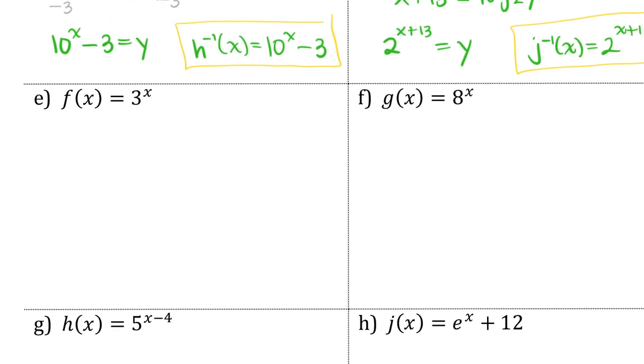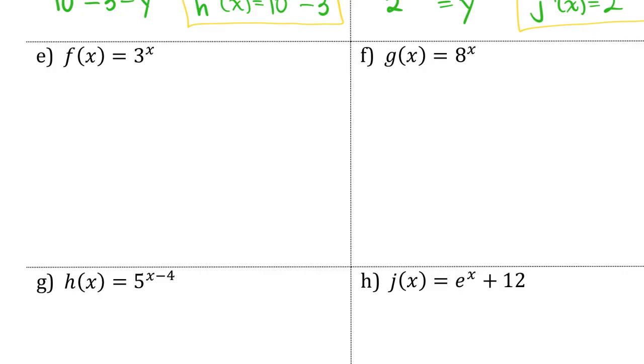Let's look at these. These are exponential functions, but I'm going to start the same way. Interchange my x and y. Now how do I solve for y? I'm not sure, but I'm going to rewrite it in logarithmic form because I do know how to rewrite it like that. What's the base? The base is 3.